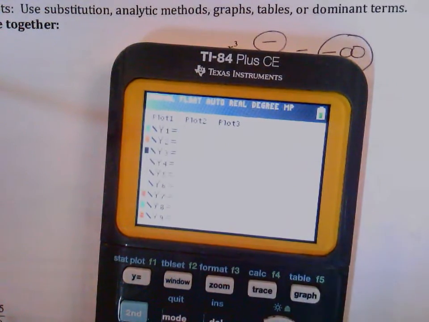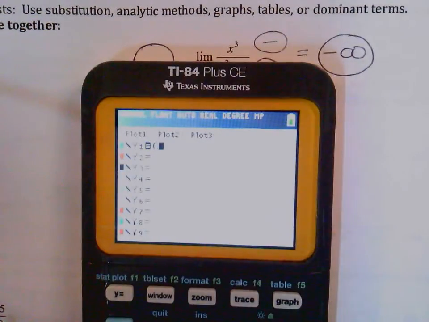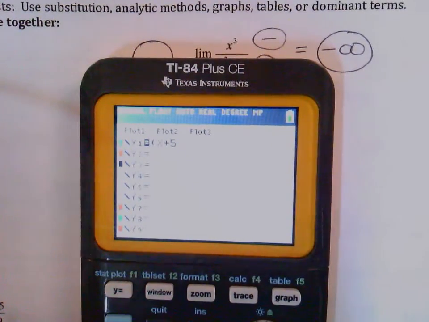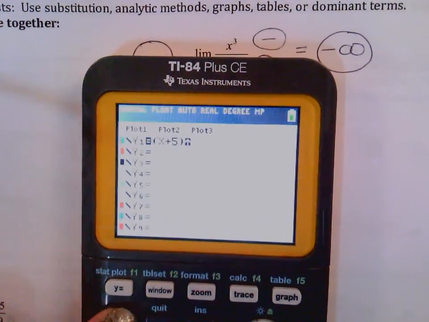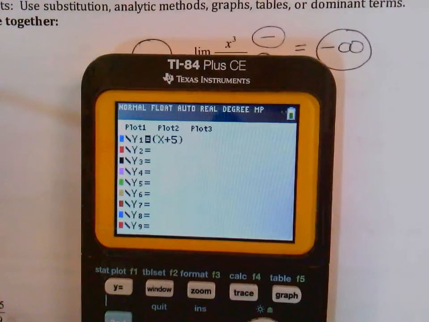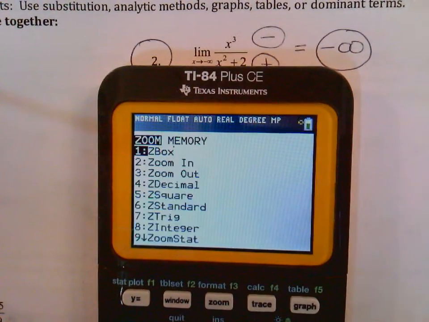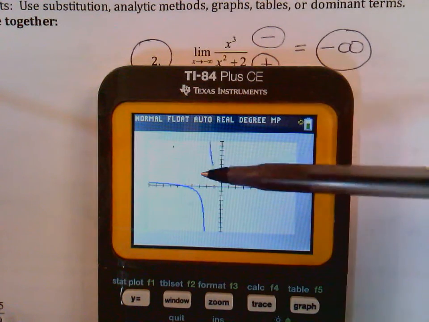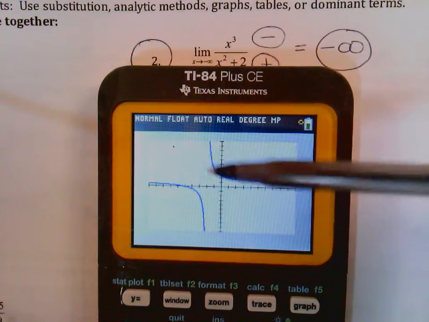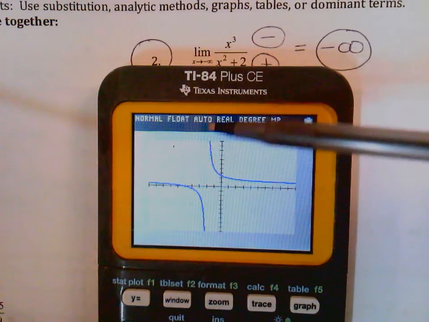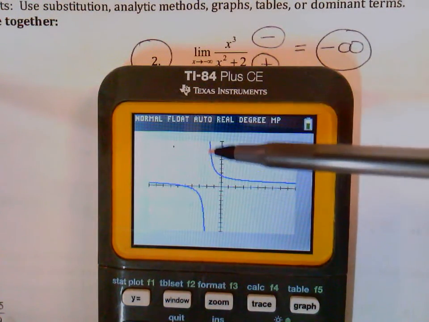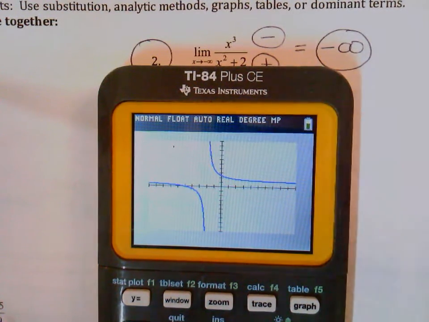So I'm graphing x plus 5 divided by x plus 2. And I want to see what it is doing at this -2 asymptote on the right-hand side. So you can see that the right-hand side looks like it's tending towards positive infinity.